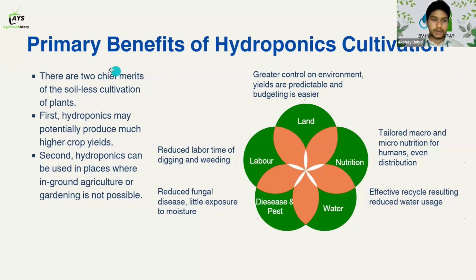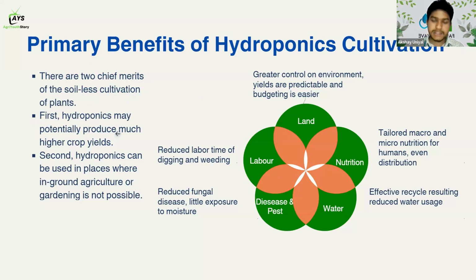Now, there are two chief merits of soilless cultivation. The first one is that hydroponics has the potential to produce much higher yield crops. Everything that I've taught has been in the direction of how controlled the environments are and how much care is put into every particular plant, so this results in at least 50 to 60% more yield than traditional open field farming.